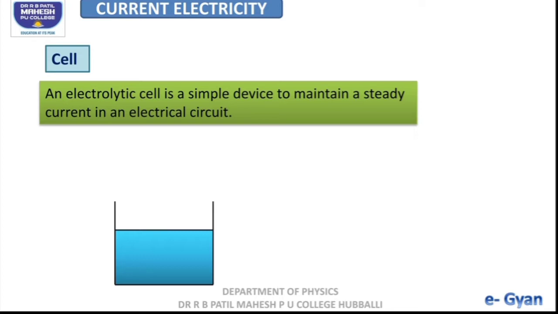We have a solution, and that solution is called electrolytic solution, or electrolyte. Two electrodes are immersed in this electrolyte and there will be a chemical reaction, and due to that chemical reaction, the chemical energy is converted into electrical energy.